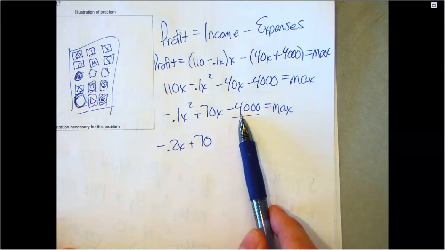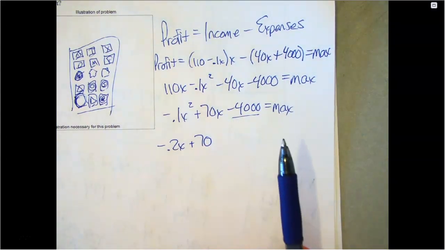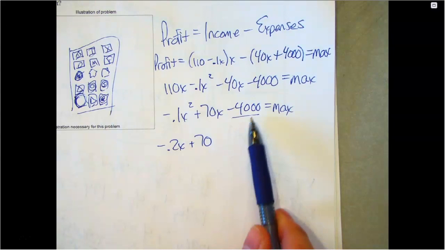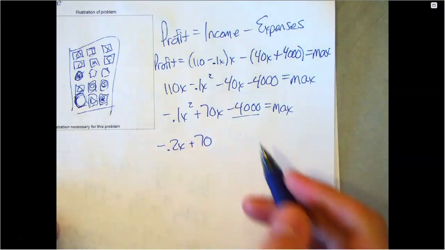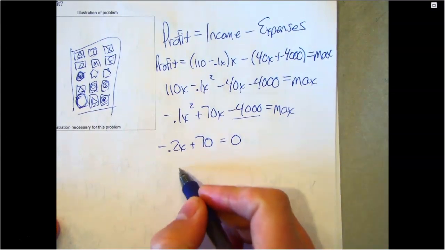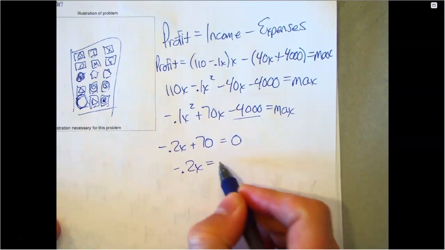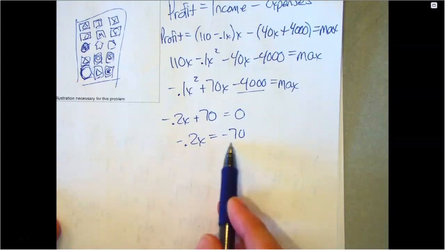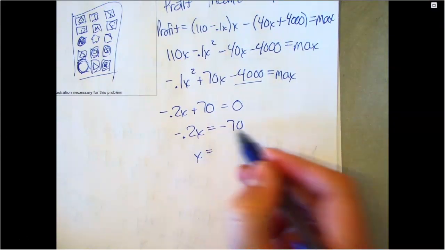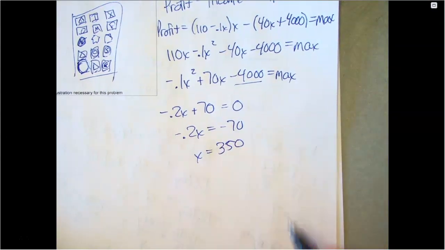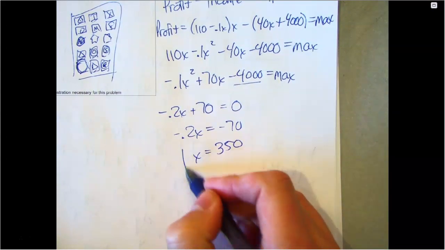If you think about it, it makes sense that if I'm trying to maximize how many smartphones I should make, it doesn't matter how much I paid up front, because that's just gone. It matters whether I'm going to make money or not, but it doesn't matter as far as how many I should produce. So dividing by 0.2 is the same as multiplying by 5. It's negative, so x equals 350, and that is how many smartphones they should make to maximize profit.